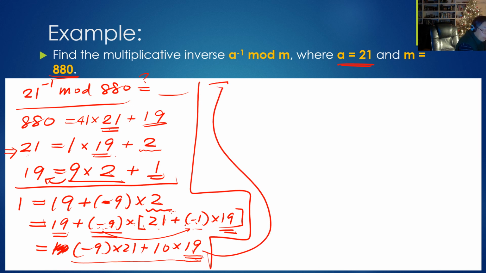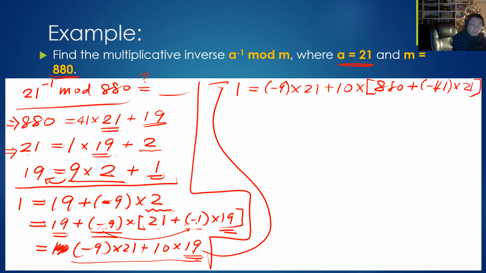We have 1 equals minus 9 times 21 plus 10 times 19. I replace 19 with the first statement, which is 880 plus minus 41 times 21. So I move this 41 times 21 to the left side, and I put the minus sign before the 41 and put it inside the parentheses.